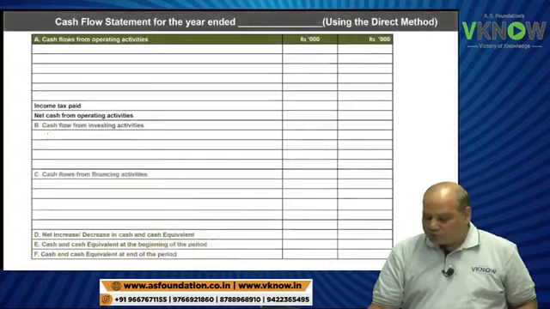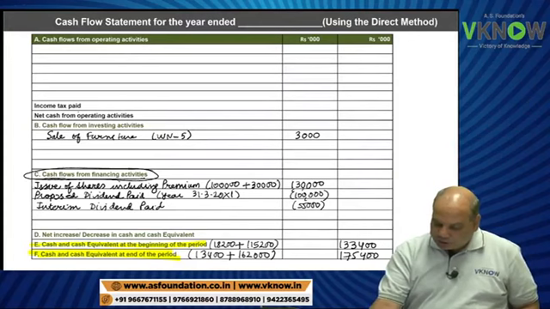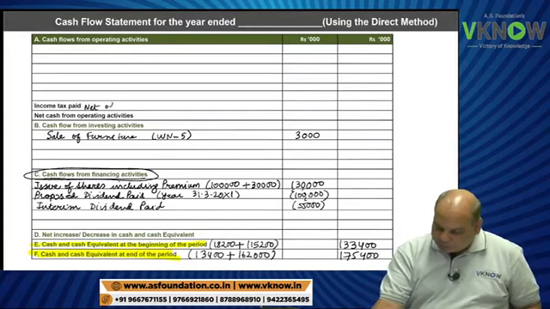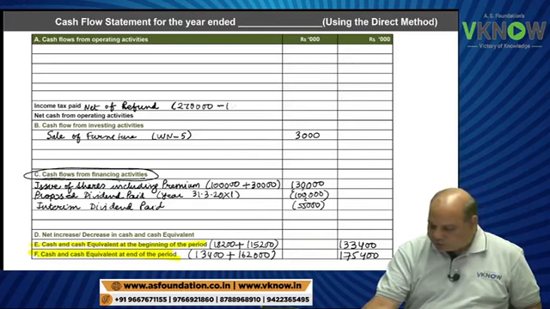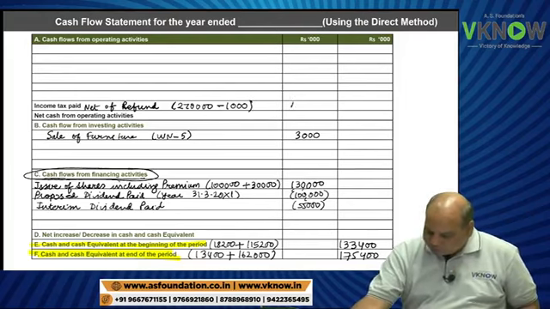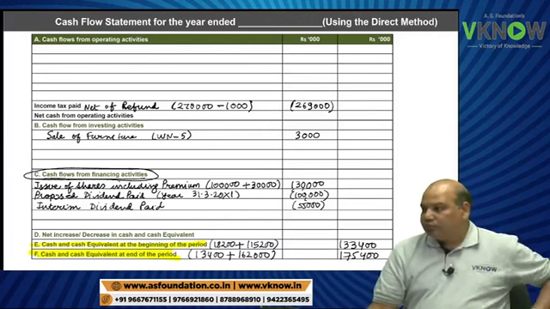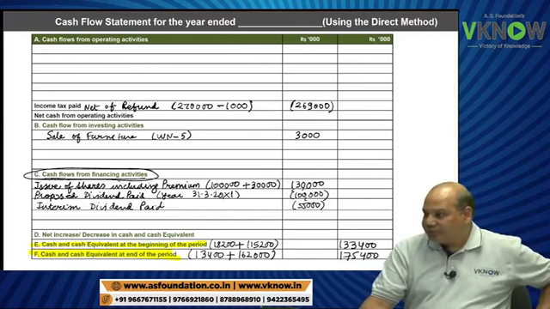So we are now going to cash flow from operating activity, income tax paid, net of refund: 2,70,000 paid and 1,000 refund received. So net tax paid 2,69,000.